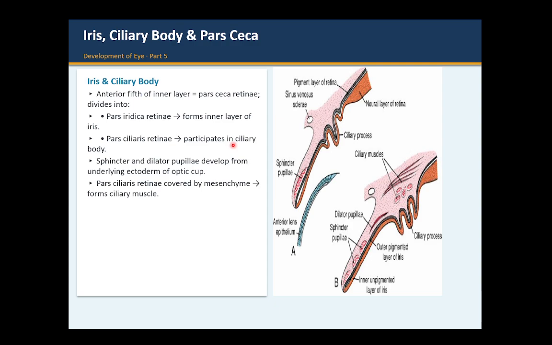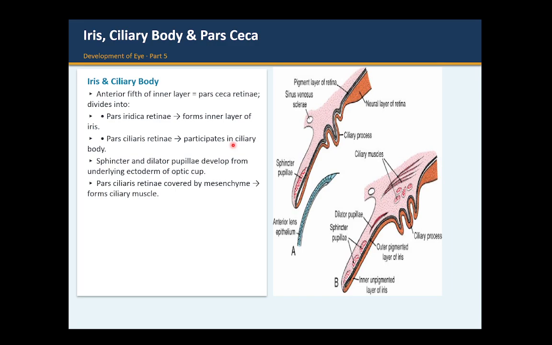So both these muscles, although these are muscles, sphincter pupillae and dilator pupillae, are ectodermal in origin, while the ciliary muscle is mesenchymal in origin, which is mesodermal in origin. So this is the only important thing here to remember, that the sphincter and dilator pupillae muscles are ectodermal in origin, because they are basically the continuation of the inner part of the cup.